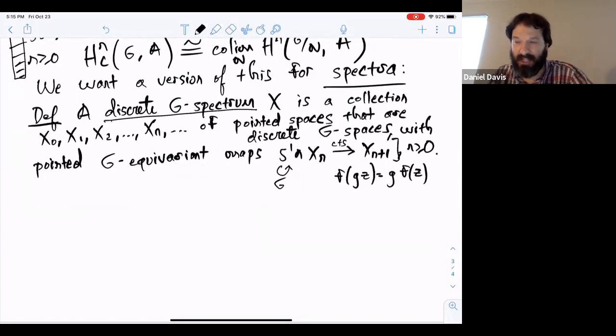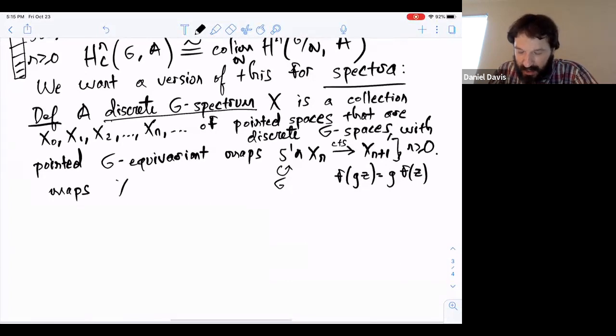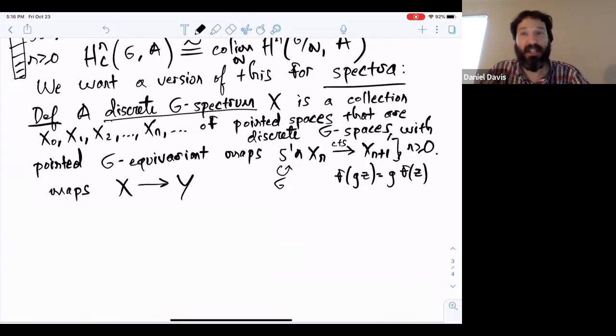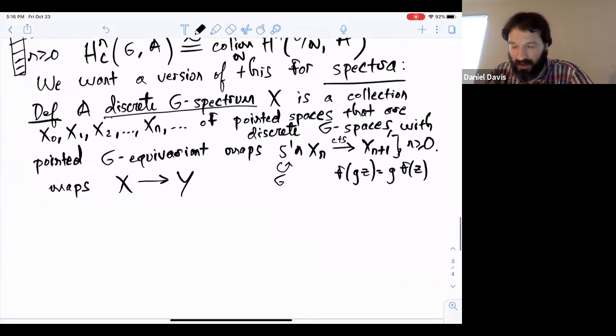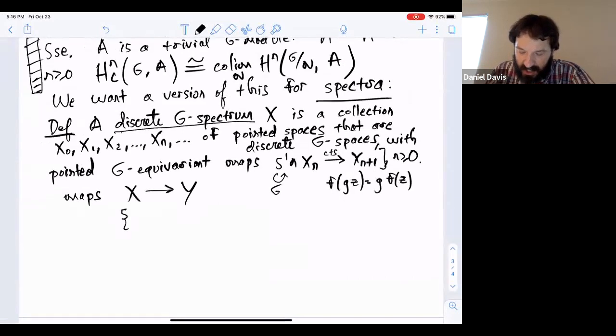Because of time, let me just say that there are maps in this category. So if X and Y are discrete G spectra, a map is a collection of maps Xn to Yn.